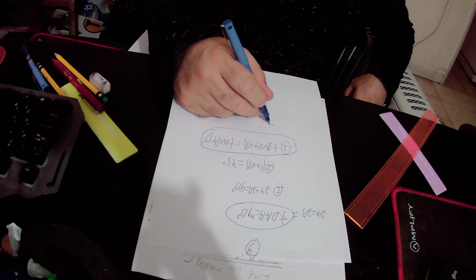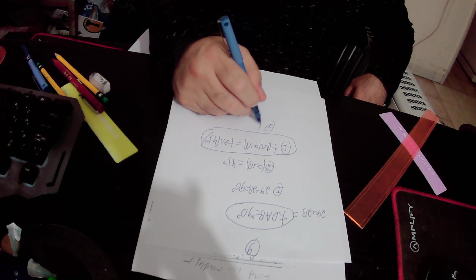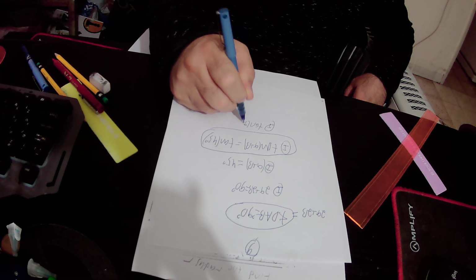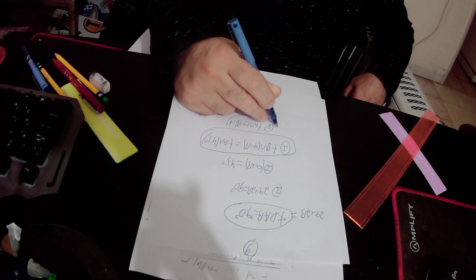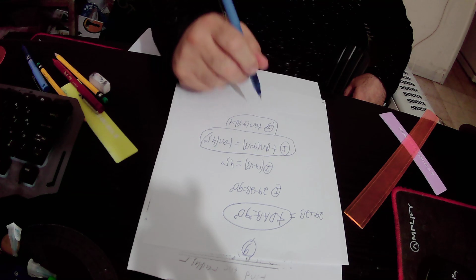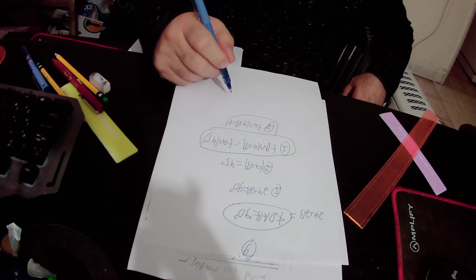So we write down that tangent of alpha plus beta equals 1. This is equation number 1.